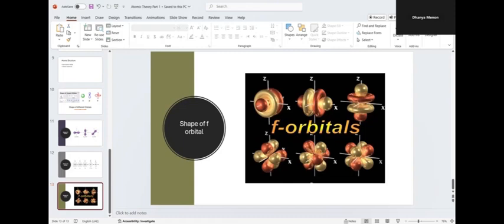Now, students, coming to a rule or a principle which is called the Aufbau principle. The next topic that we are going to learn is the Aufbau principle.